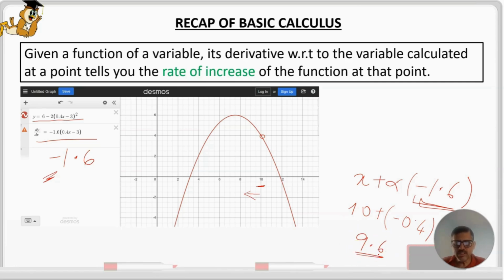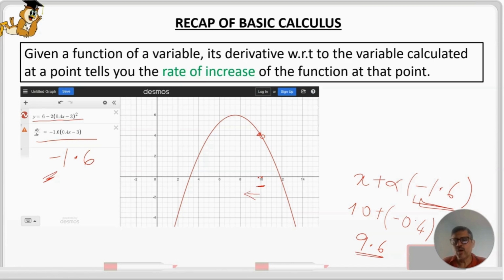So if you were sitting at x equal to 10 right here, and you move to the point x equal to 9.6, you can see that the value of the function would have increased, right? So if you move in the direction of the gradient, you see an increase in the value of the function.